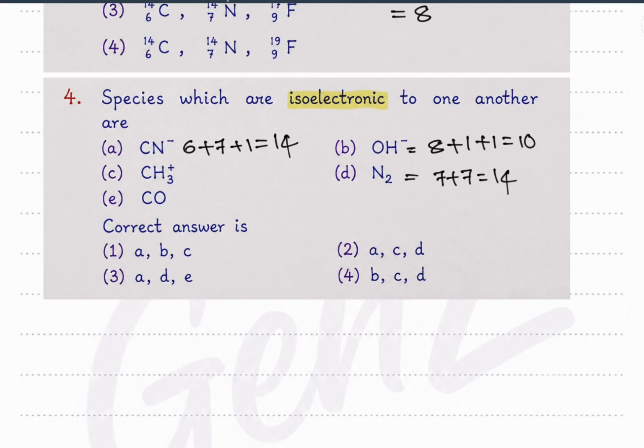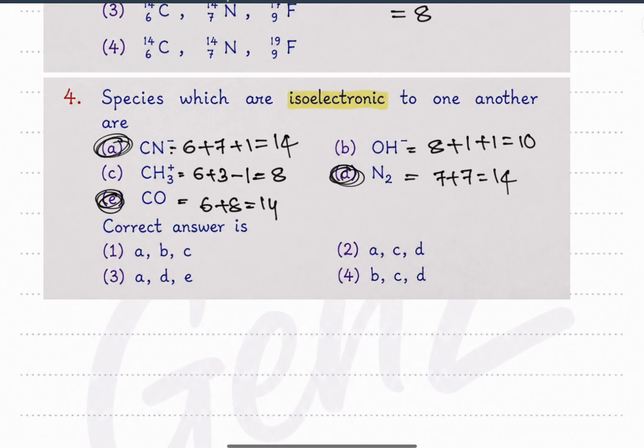In CH3 plus, that is 6 plus 3 minus 1, as it is given a positive charge, this one has only 8 electrons. Next, carbon monoxide, 6 plus 8, it has 14. So A, D, E have the same number of electrons, so option 3 is the correct option.